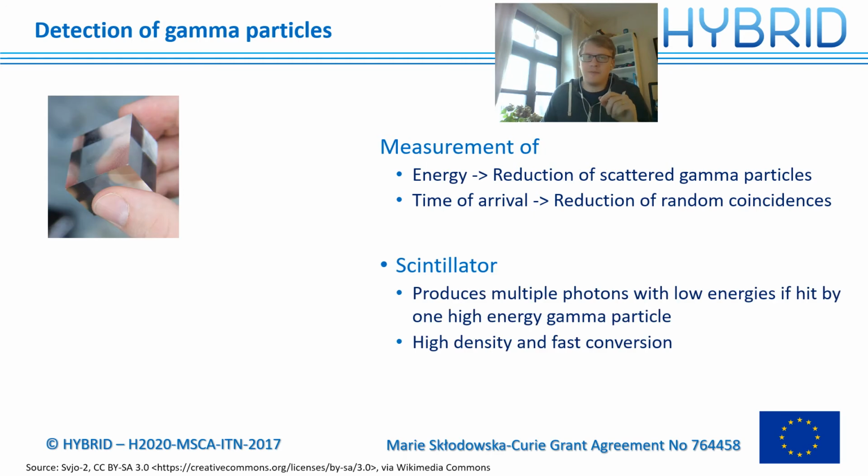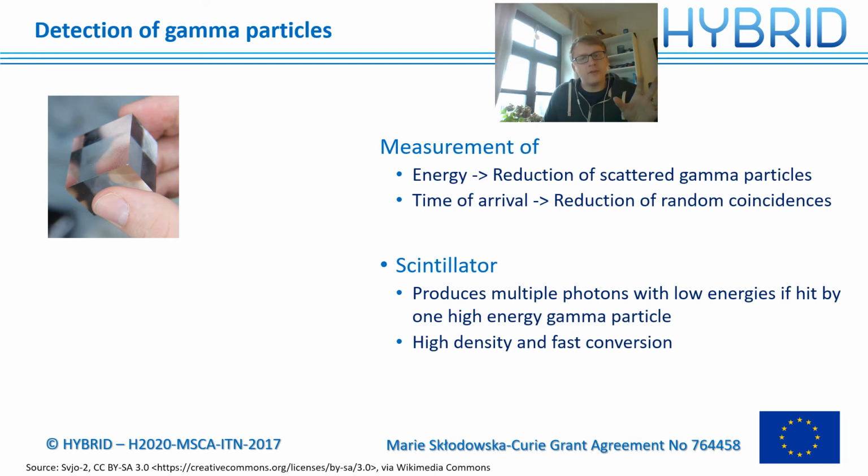As I said, our detectors usually consist of a scintillator, and this is a high density optical material that basically looks like a piece of glass. What it does, if it is hit by a gamma particle, is produce optical light, so low energy photons. And those low energy photons we can measure.